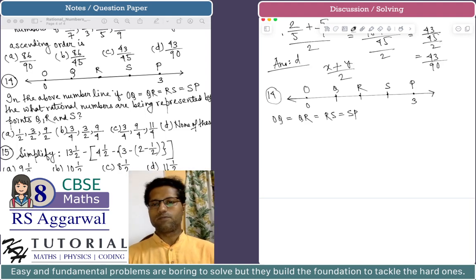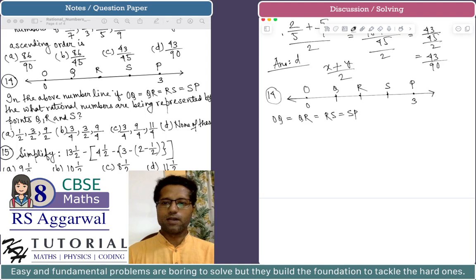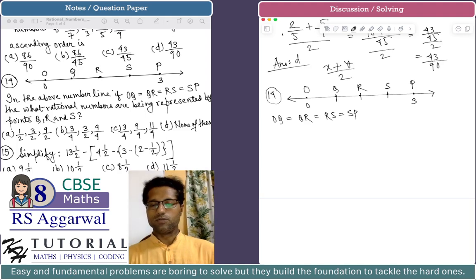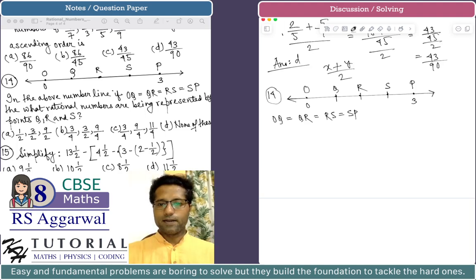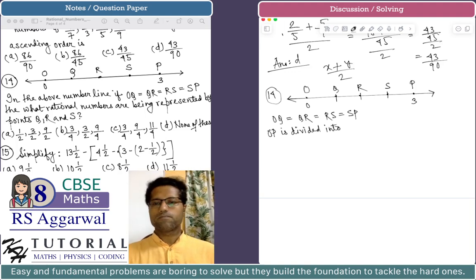That is, the distance between O and Q is equal to the distance between Q and R, which is equal to the distance between R and S, which is equal to the distance between S and P. So we can see that OP is divided into how many equal parts? 1, 2, 3, 4, into 4 equal parts.